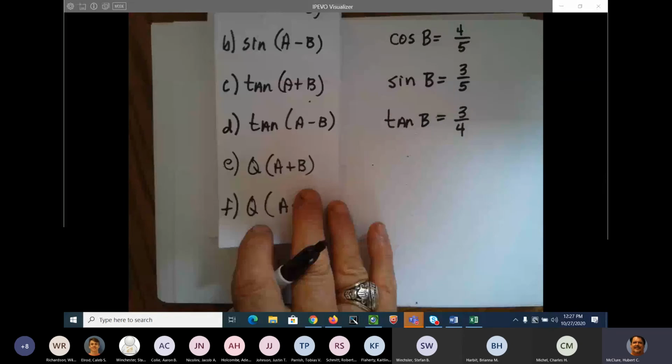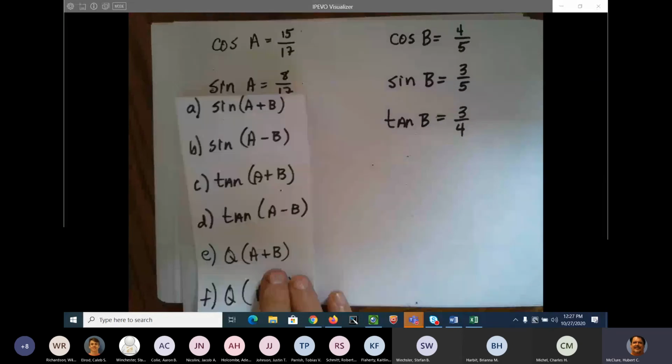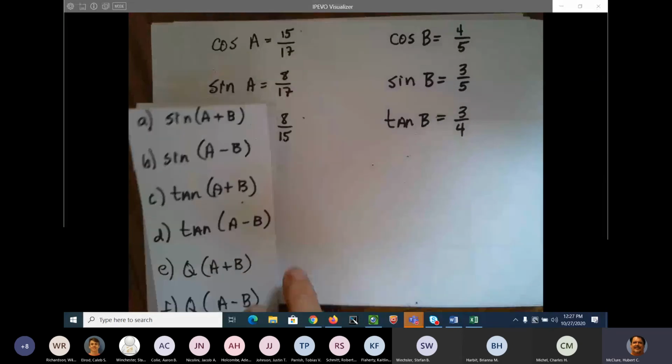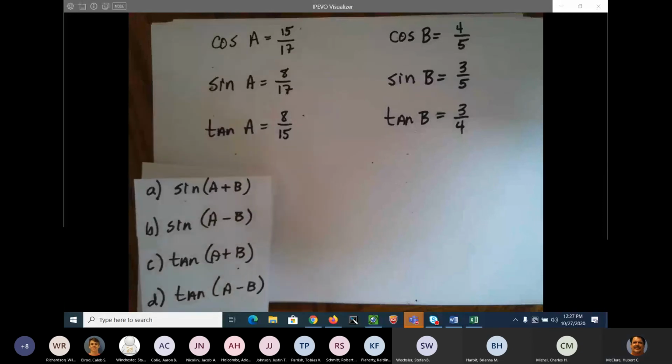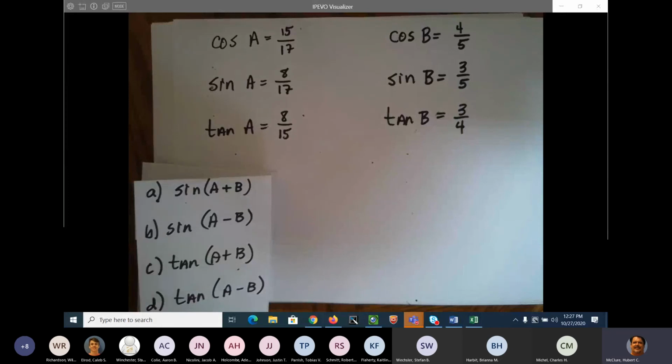So go ahead and do that for A, B, C, and D. I don't care about E and F. Plug and chug into A, B, C, and D. You've got to have your cheat sheet. I'll show you the first one, and then y'all can finish this one for homework. So, the sine of A plus B.